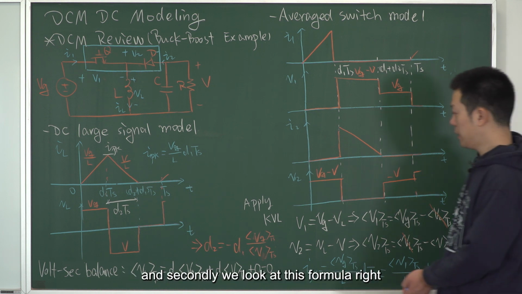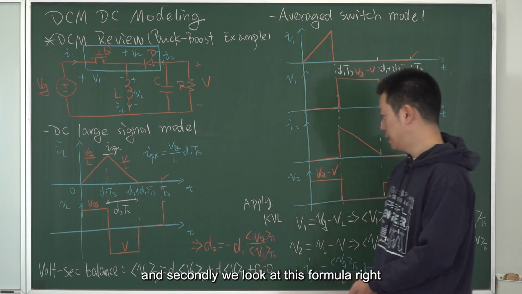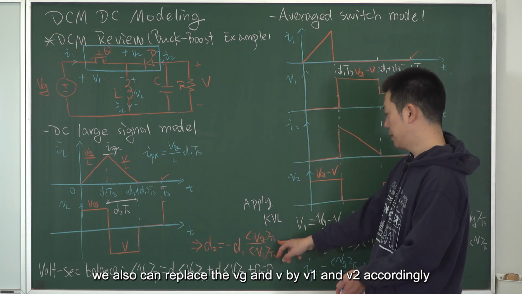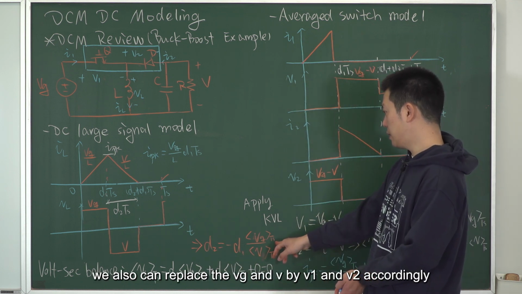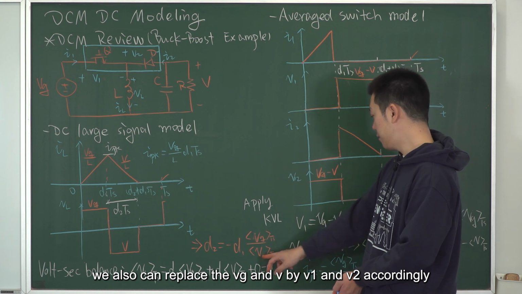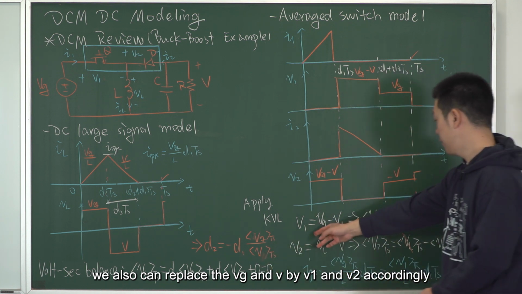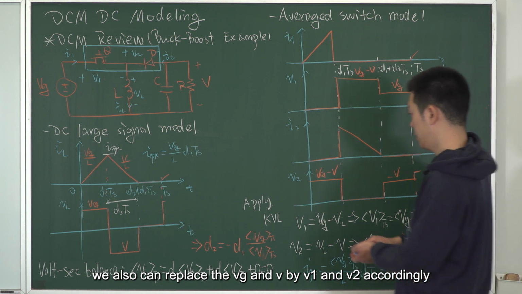And secondly, we look at this formula, right? We can also replace Vg and V by V1 and V2 accordingly.